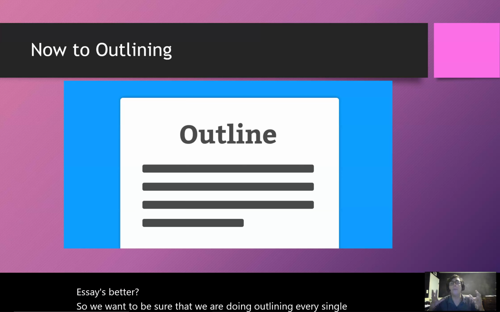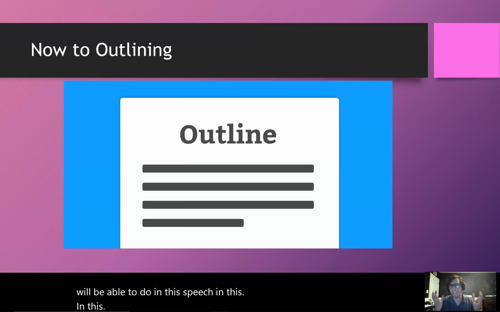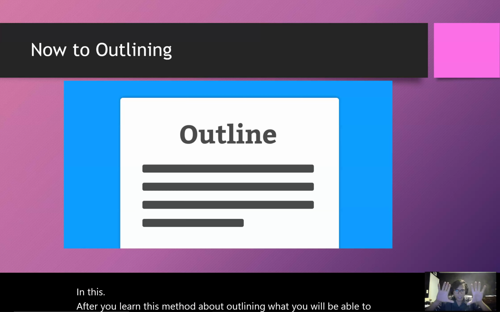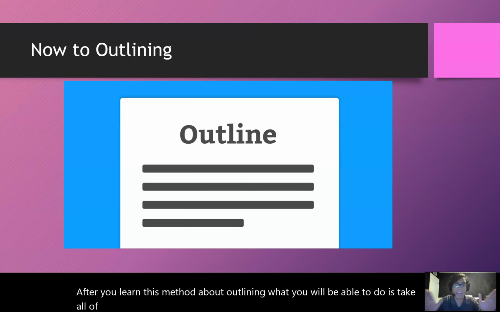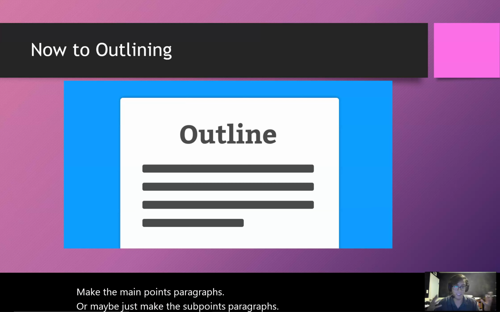After you learn this method of outlining, what you will be able to do is take all of the information that you have, take out all the symbolization and indentation, make the main points paragraphs, or maybe just make the subpoints paragraphs, depending on the size.